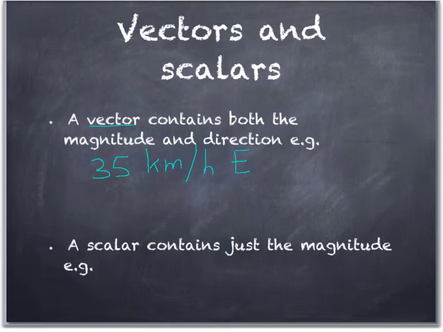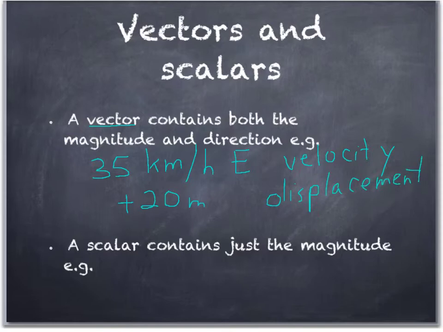So this would be velocity. Velocity is a vector. Displacement is a vector. So if we say something has a position of, let's say, positive 20 meters, that would be a vector because it has a direction. Displacement is a vector. Also acceleration, which we haven't talked about yet, but acceleration is a change in velocity. That's also a vector.